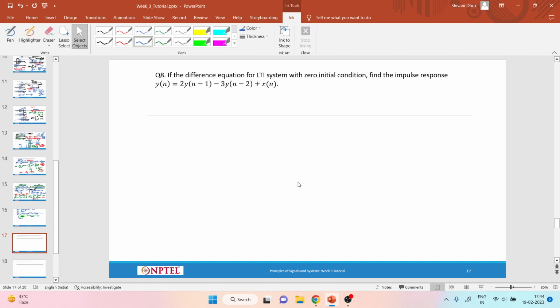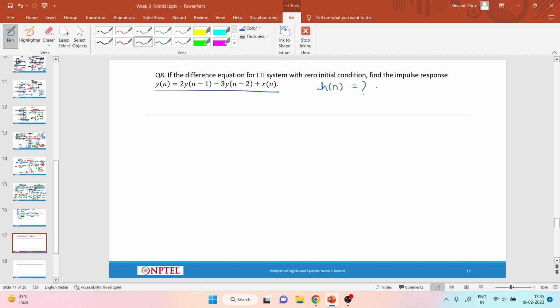Okay. So let us look at the next question. This one is a simple one which was similar to one covered in the lecture, but this one gave me a good sequence for a final answer. What I have been given is my y of n by this expression here, and I need to find what is my h of n.